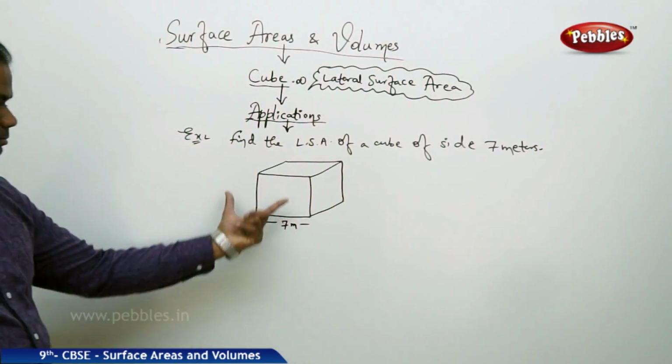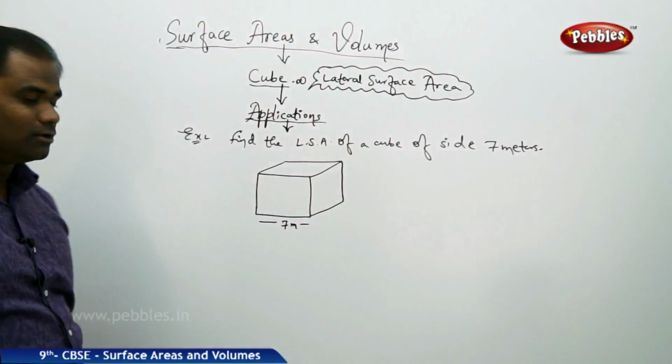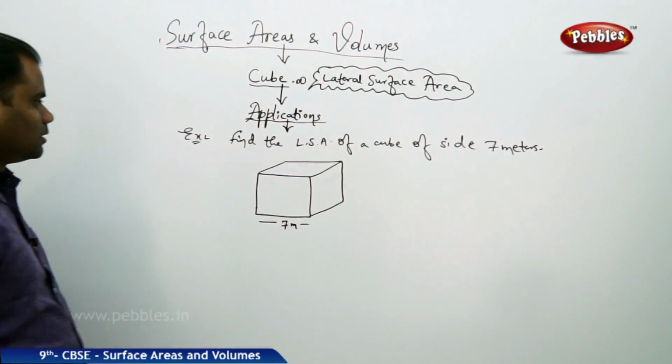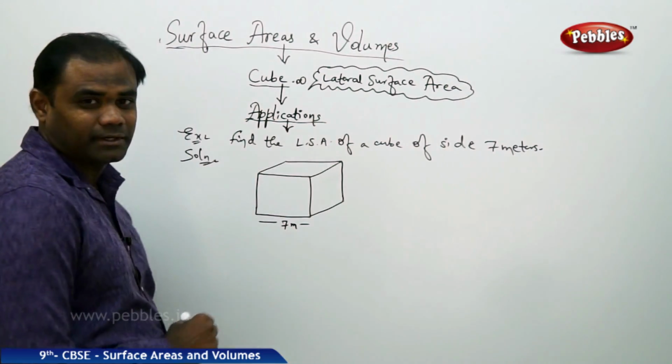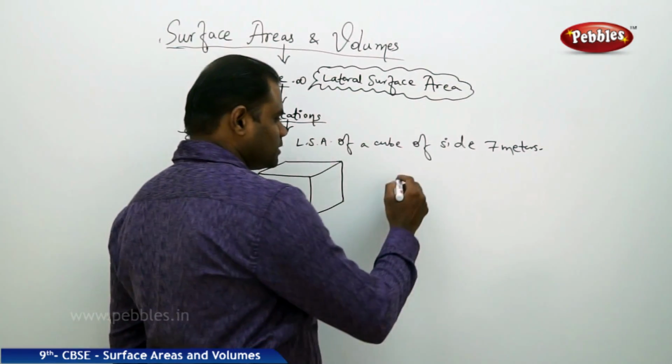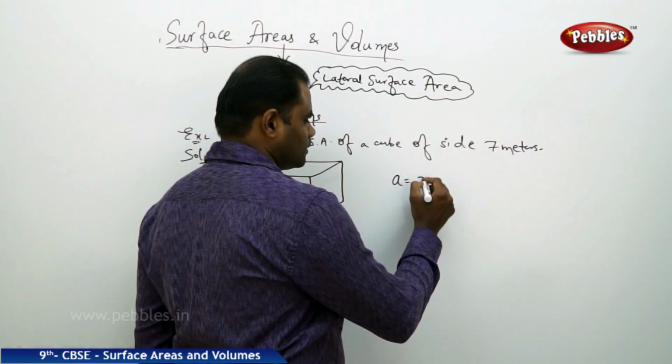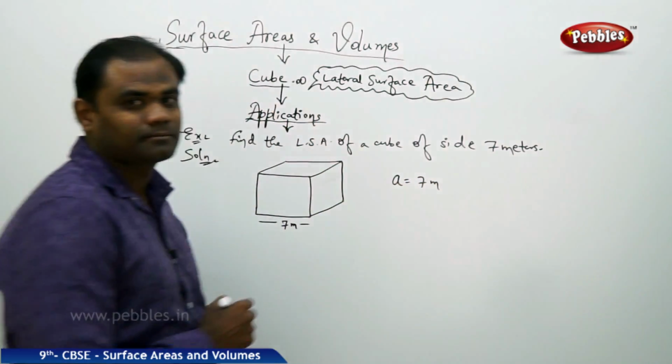Here is a cube of side 7 meters with all sides being equal. Now we need to find the lateral surface area. Now 7 meters is the A which I identified.